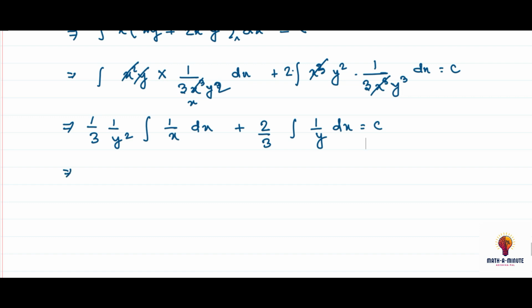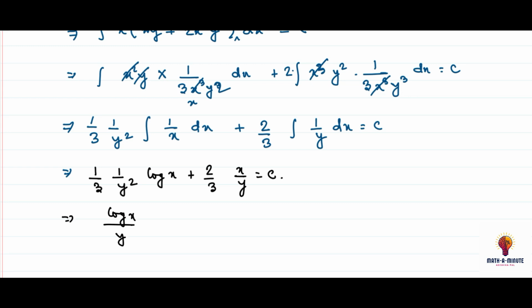So it will be 1 by 3, 1 by y² log of x plus 2 by 3 x by y equals c. We can also modify this equation in the form log of x by y² plus 2x by y equals 3c. We can write c as here.